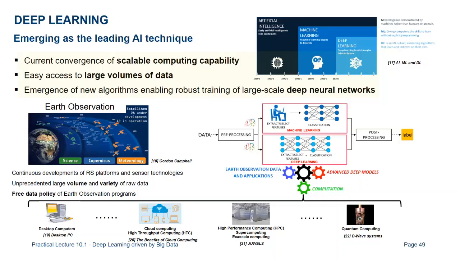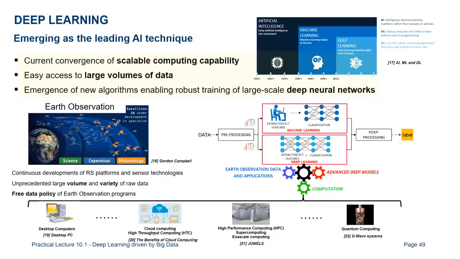So a variety of sensors that are able to collect a lot of data. And of course, we have this data, but we need to be able to process it. But we have the data, that's the important thing. And most of the time it is free, especially in Earth observation.